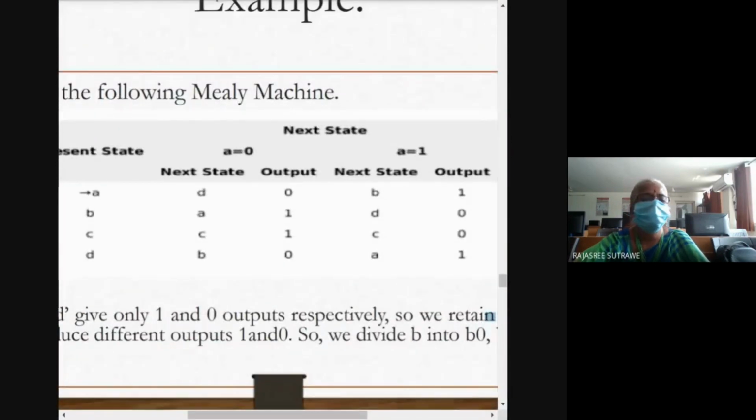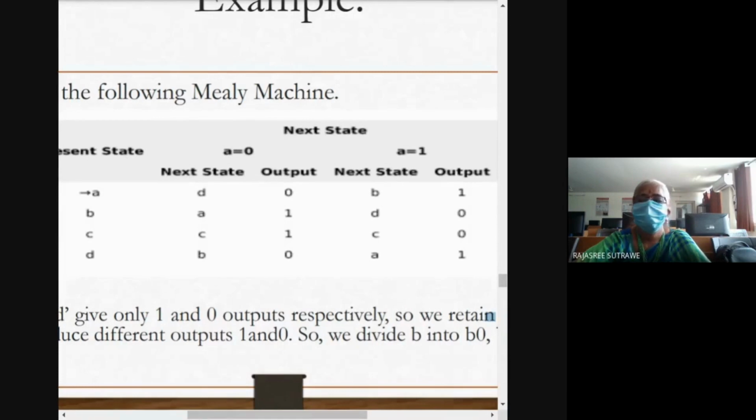So the next state for this B0. For B0 next state we have is here A and D. So we are writing here A and D. Here we are writing A, next state is D. But here if you see, A and D is there, because there is no change.